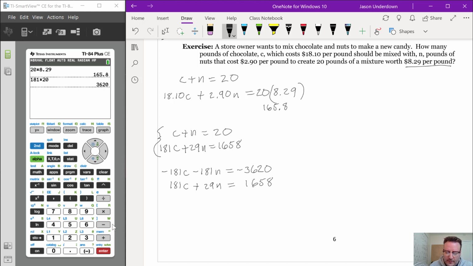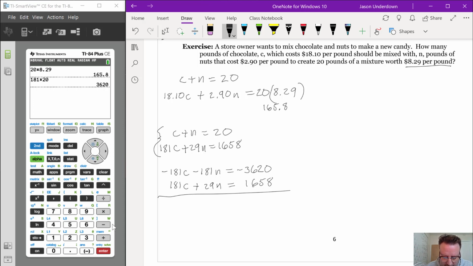So the point is that I multiplied the first equation by negative 181 because now you see when I add the left-hand sides of the equations, the C's will be eliminated. Okay, so we literally want to add the left-hand sides and the right-hand sides.